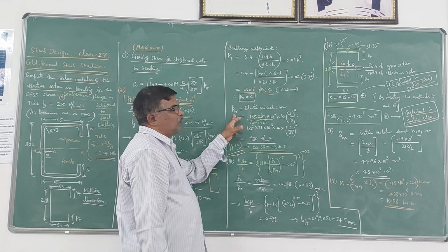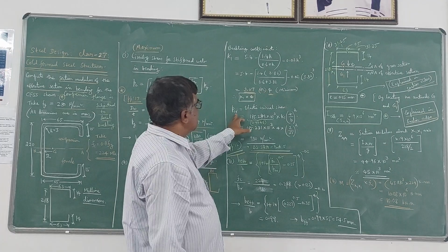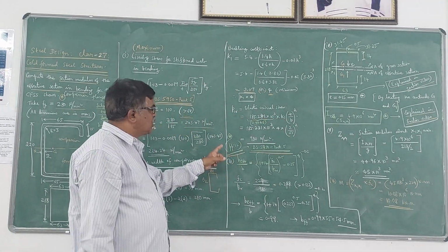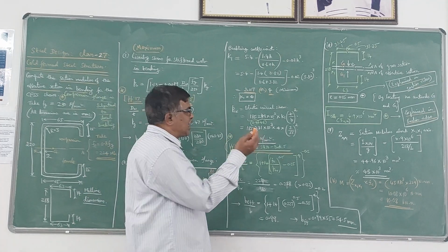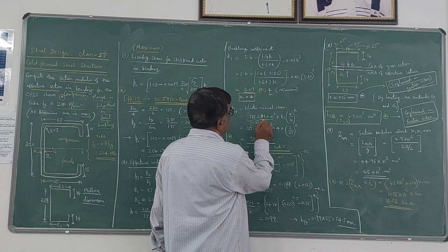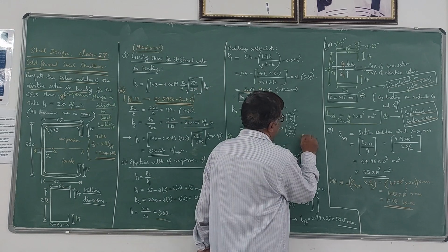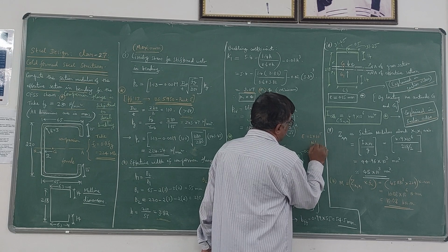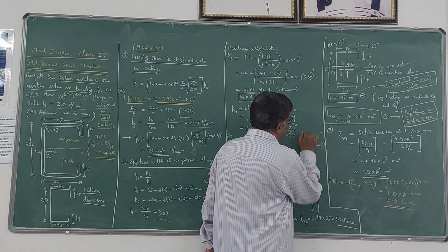Now we have to calculate one stress value called PCR, the elastic critical stress value. Once again, the equation is available in page number 12 of the code. Of course, it has given 0.904 E. The E value you can take as 2 into 10 power 5 or 2.05 into 10 power 5 Newton per mm square.